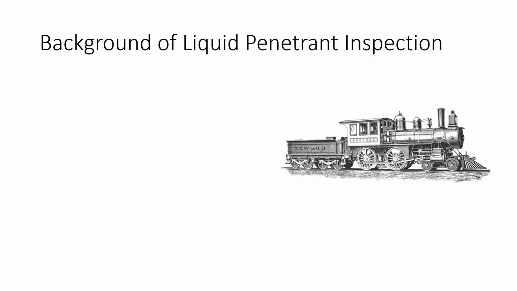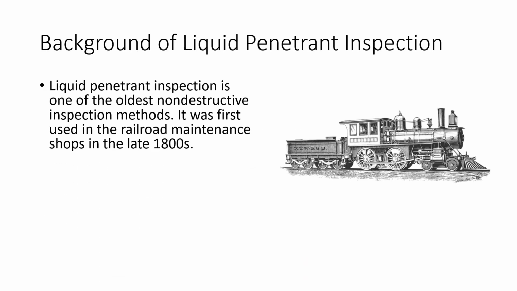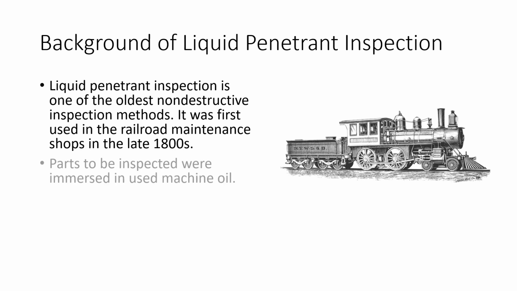The background of liquid penetrant inspection goes back to the railroads, 150 years ago, the maintenance shops in railroads back in the late 1800s. They'd have parts that they were going to inspect, and they'd put them into used machine oil, which was very black, used, burnt oil, like what you'd get out of a deep fat fryer, burnt to a crisp and not clean and clear.